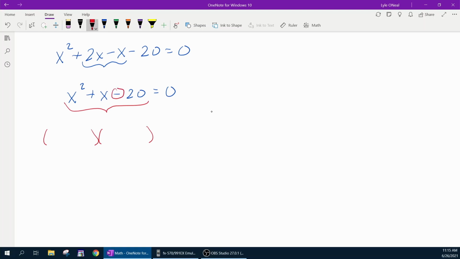If I read the signs, it says the signs have to be different. We're going to have an x and an x to make x squared. And the numbers that multiply to make 20, that subtract and make 1, are 5 and 4. So now that this is factored, I can set each factor equal to 0 and solve.